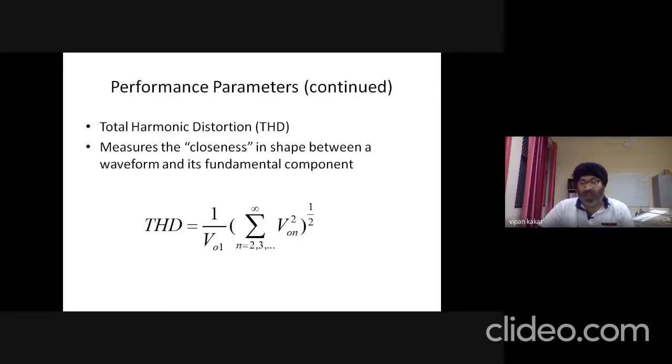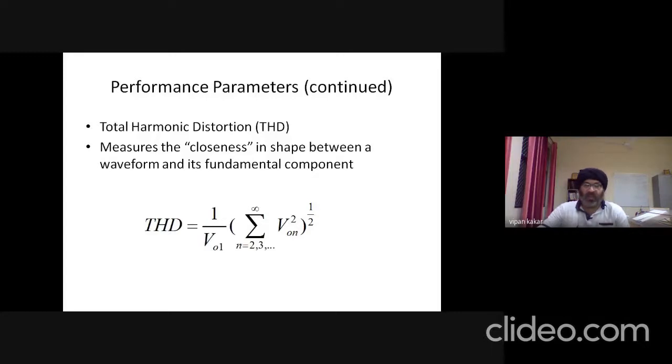So total harmonic distortion is the most important parameter while designing any converter. The converters designed in industry have to have the analysis of total harmonic distortion, because it measures the closeness in shape between a waveform and its fundamental component.